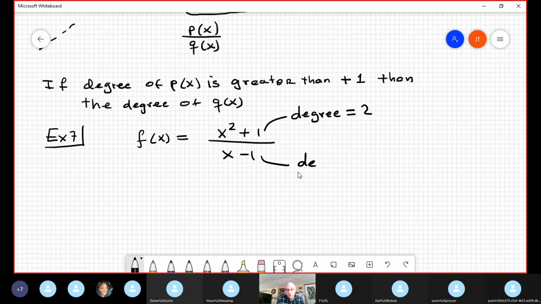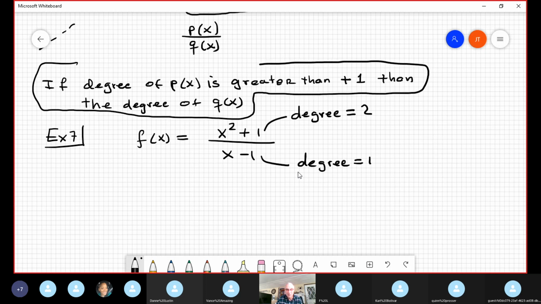Degree of the polynomial at the bottom is 1. This satisfies the idea perfectly: the degree of P is greater than 1 plus 1, which is 2. Suppose it is 3 and 1, it must be greater than 1 plus 1. Suppose 3 and 2, yes. It satisfies the idea. Okay?